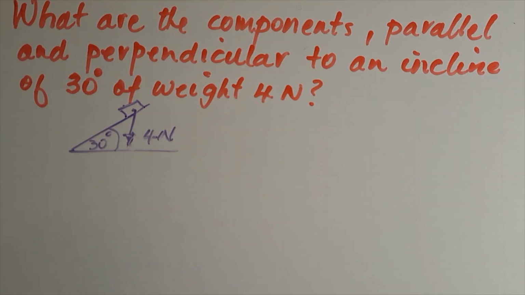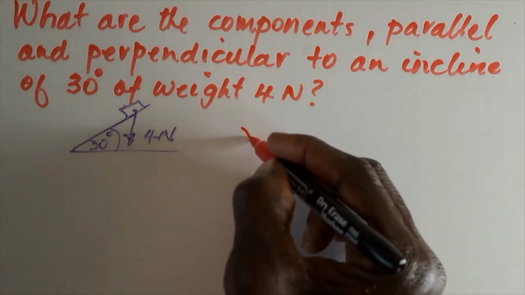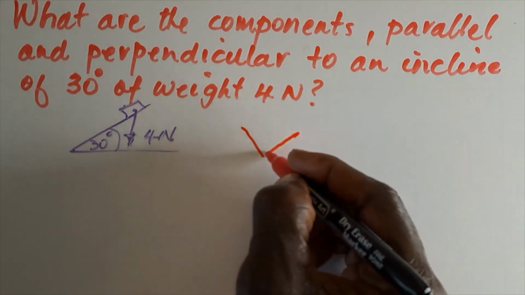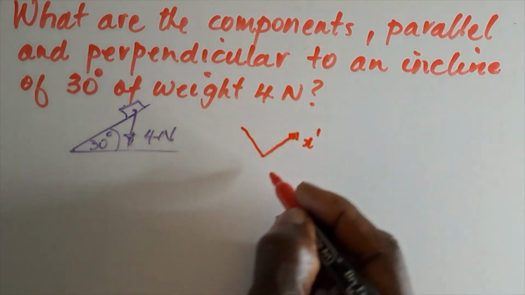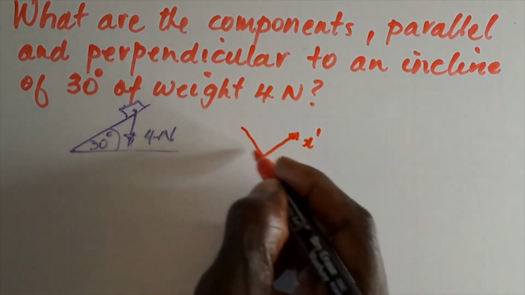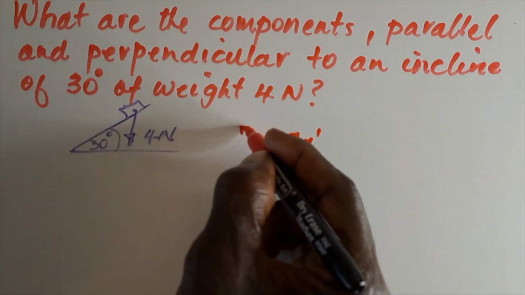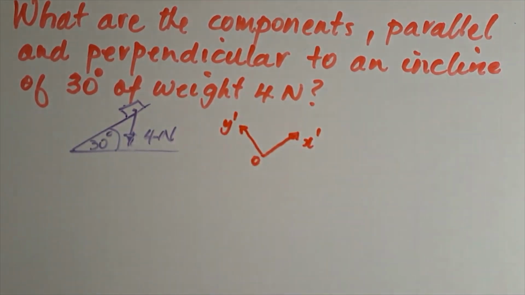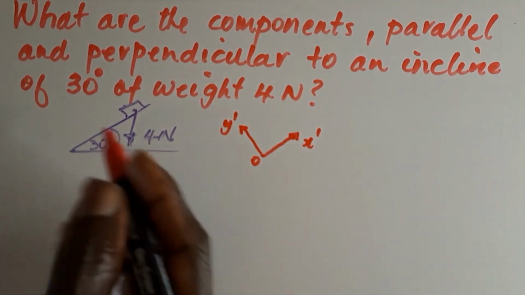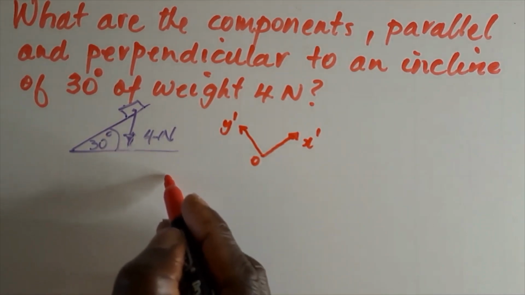Now our diagram, remember these are the positive directions: x dash, that's up the slope, down the slope will be negative, and we have y dash, we have the origin here. And now here's our little diagram.